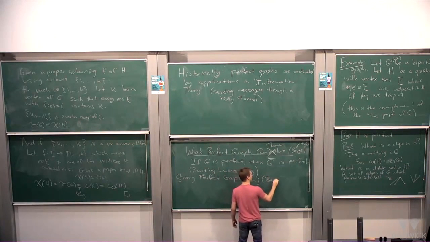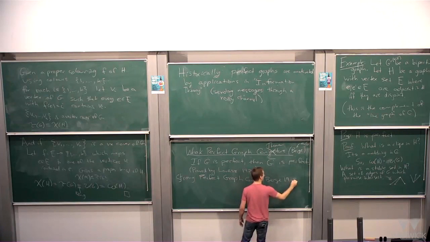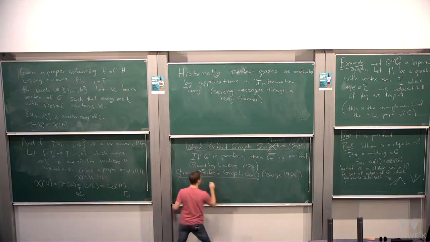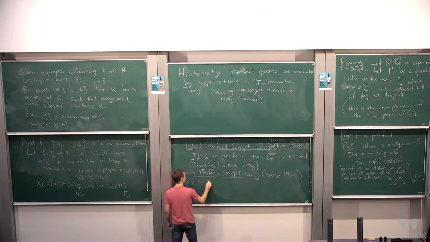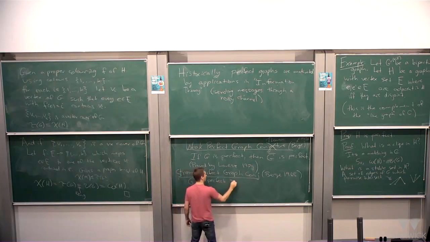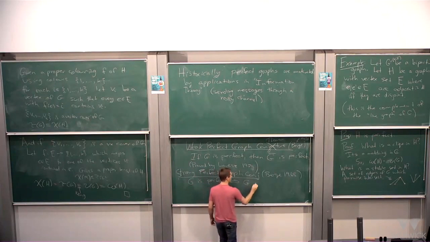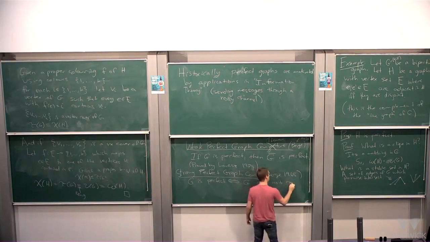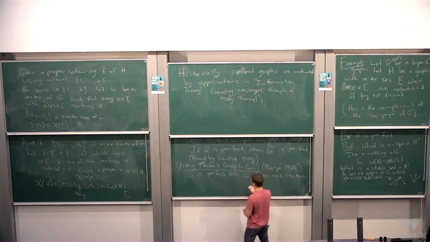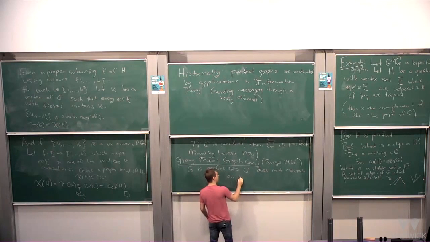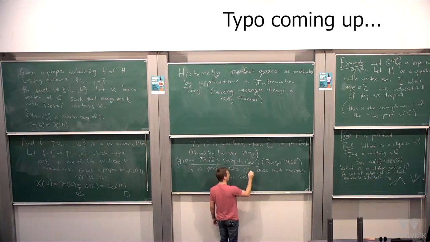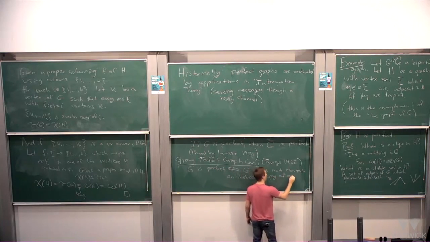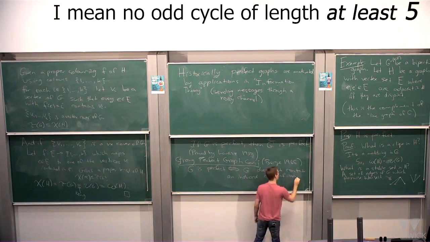Again due to Berge, I believe in 1965, that G is perfect if and only if G does not contain an induced copy of an odd cycle.